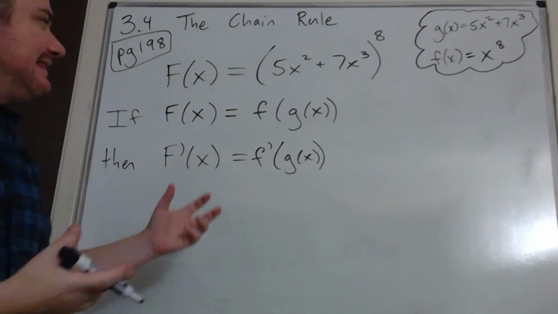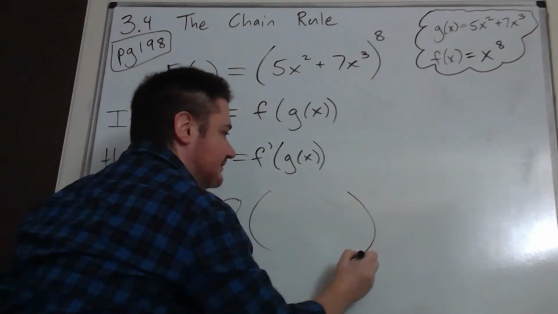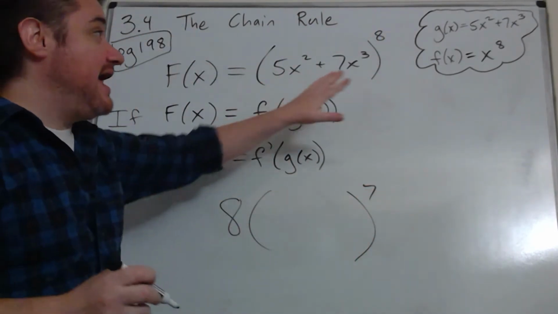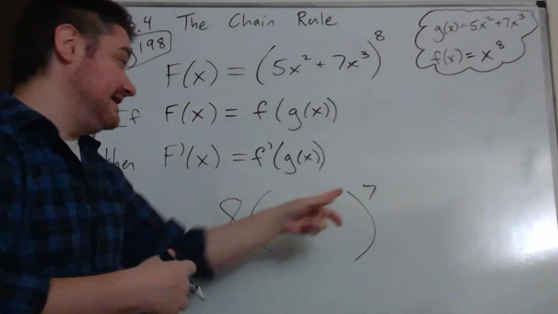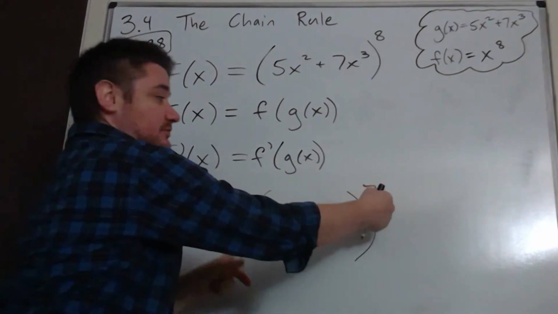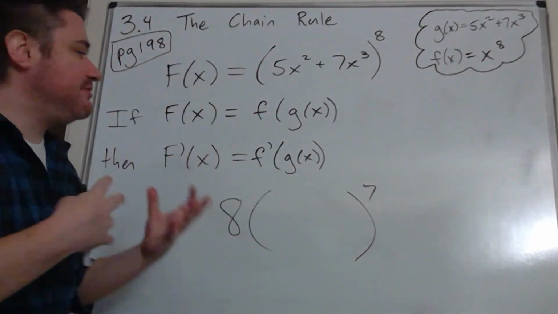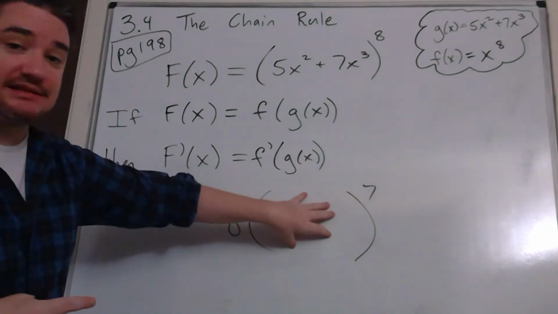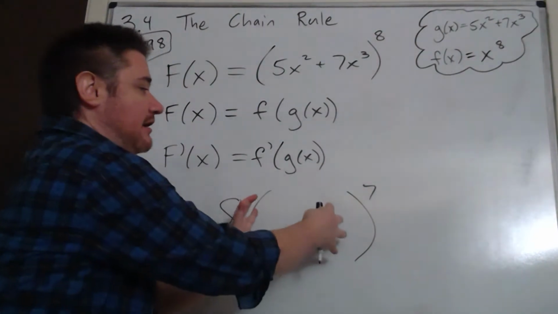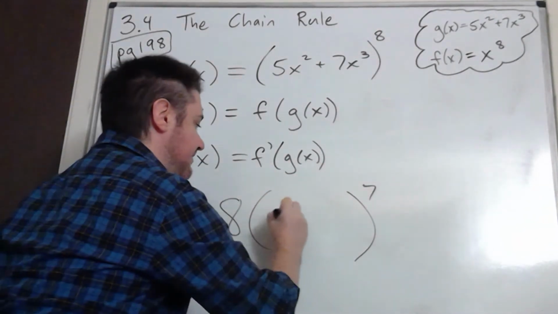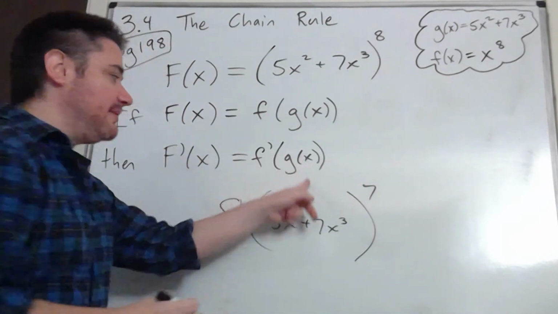Remember when we took the outside derivative, we said 8 something to the 7th. F is x to the 8th, and the derivative of that is bring the 8 down, decrease it to a 7. That's the process that we do to something raised to the 8th power. But not with respect to x, with respect to actual g of x, meaning that the g function still lives there. That's what we saw as the result. We had this 5x squared plus 7x cubed still living there. It's kind of just coming along for the ride.